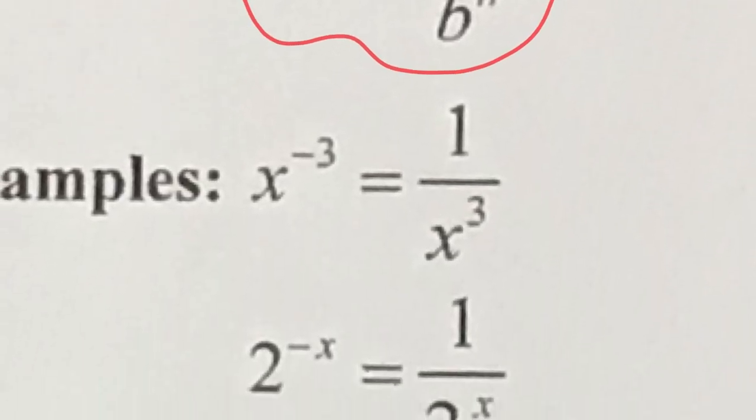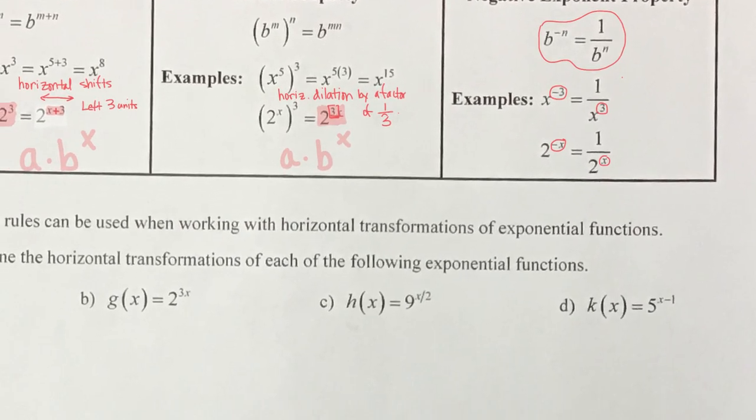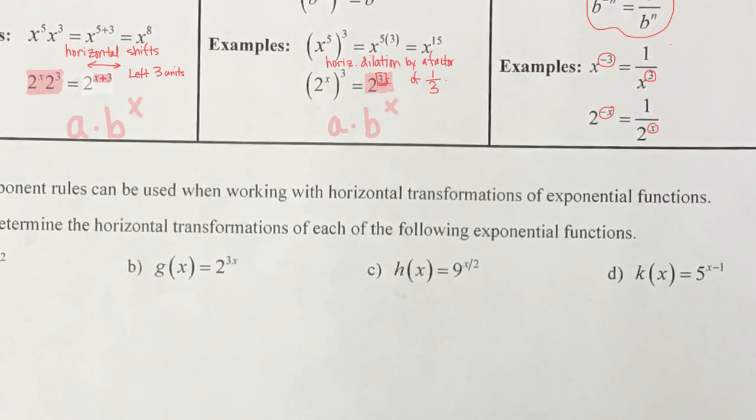So there are some examples of what happens there. The negative exponent becomes a positive if it's in the denominator. Good to know. We're going to use that here in a second when we algebraically manipulate these problems.